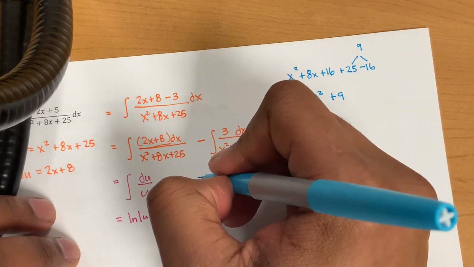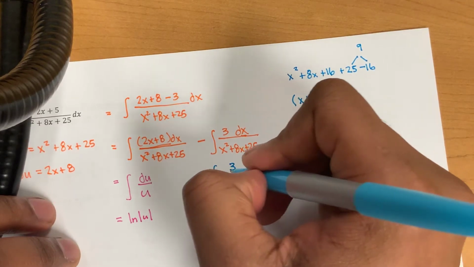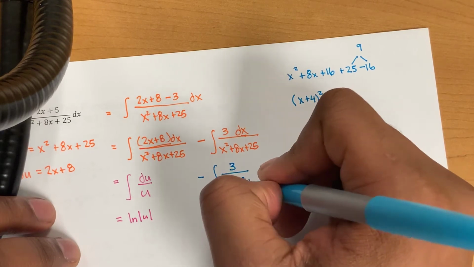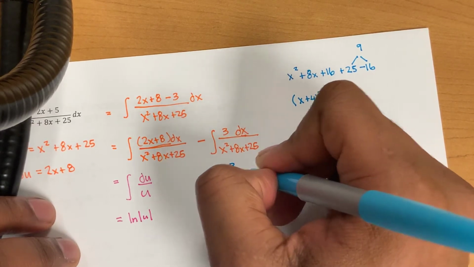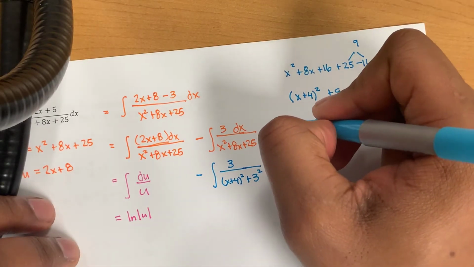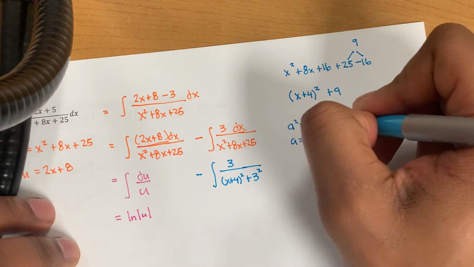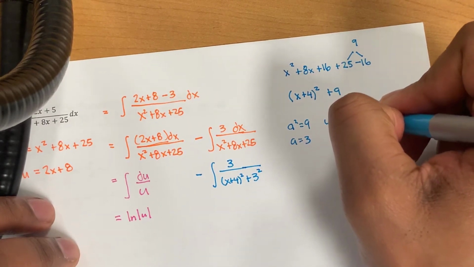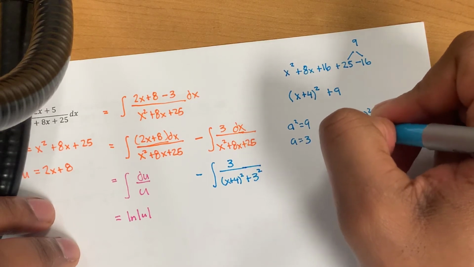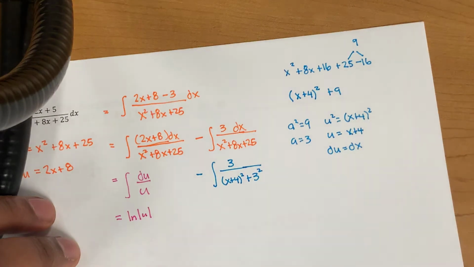So the rewrite on this integral is minus the integral of 3 over x plus 4 squared plus 3 squared. So a squared equals 9, a equals 3, u squared equals x plus 4 squared, u equals x plus 4, and du equals dx.